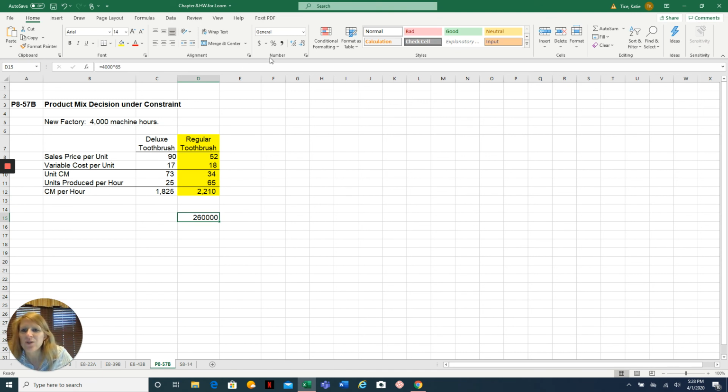So that means we would want to produce 260,000 regular toothbrushes, and we would want to produce 0. Is my math right on that? That seems high. All right, so we would want to produce 260,000 regular toothbrushes and 0 deluxe toothbrushes, again because the regular toothbrush has a higher contribution margin per hour.